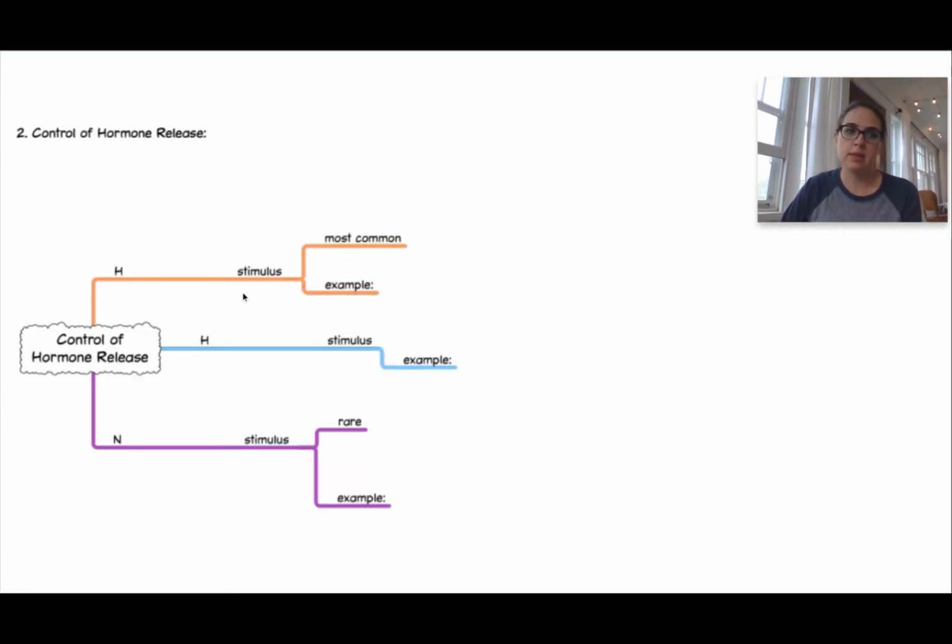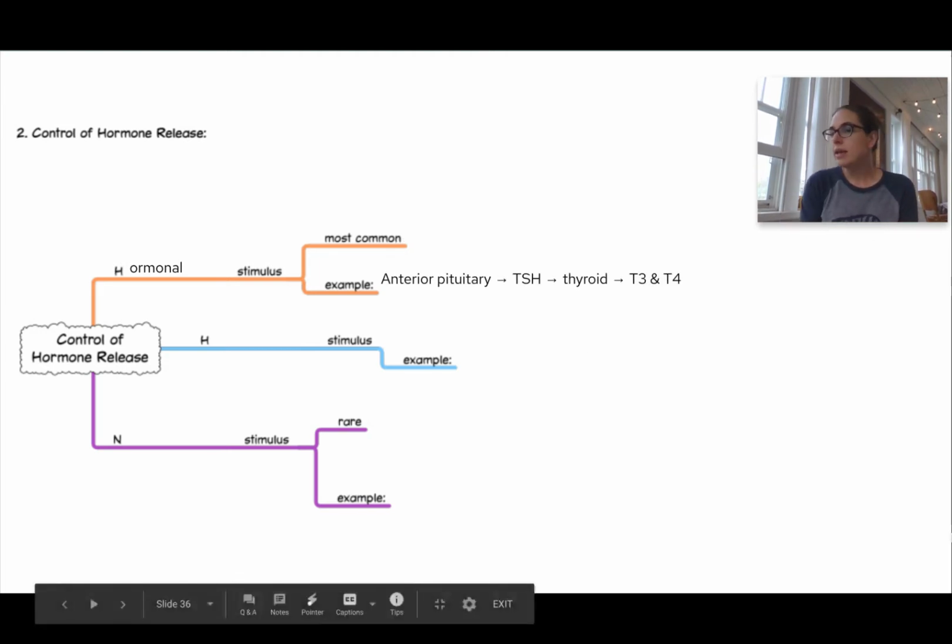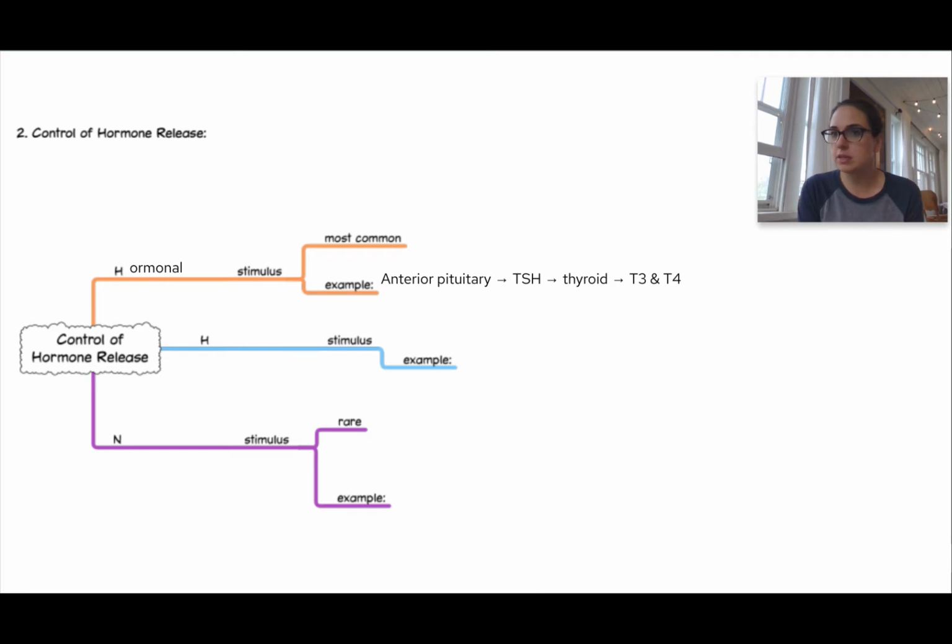So, all right, this is again just a flow chart describing what's in that picture. So, as we just said, there's hormonal stimulus. It is our most common one. So, here's an example of something we've talked about in this chapter. Your anterior pituitary, your master gland, has lots of tropic hormones, right? It stimulates lots of other glands. So, your anterior pituitary will release the hormone, thyroid stimulating hormone, TSH.